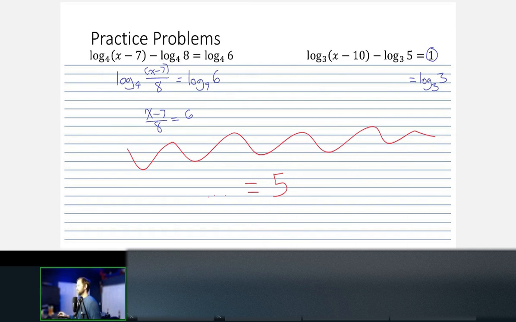Any ideas? It's going to be similar to what we did when it was a 1. Very similar.